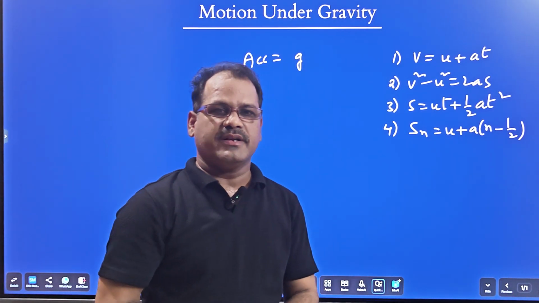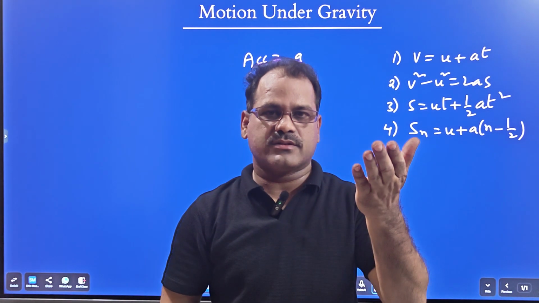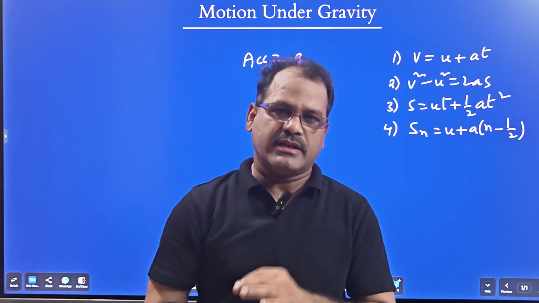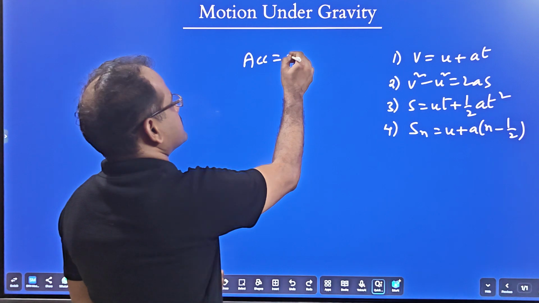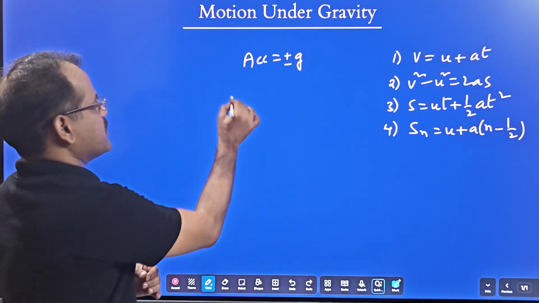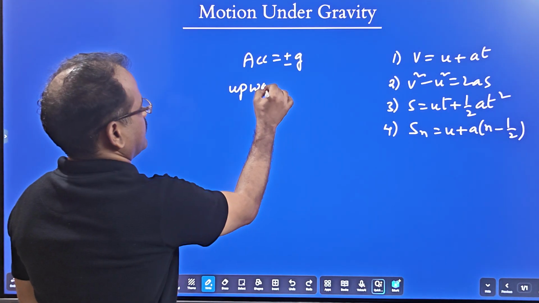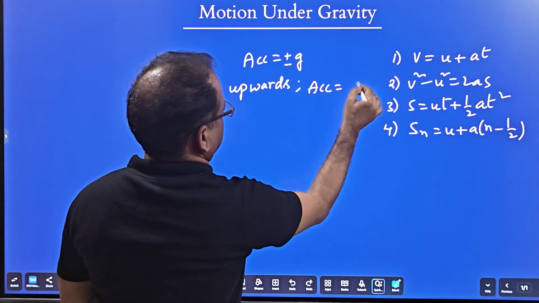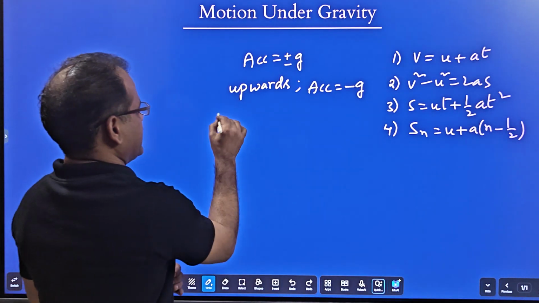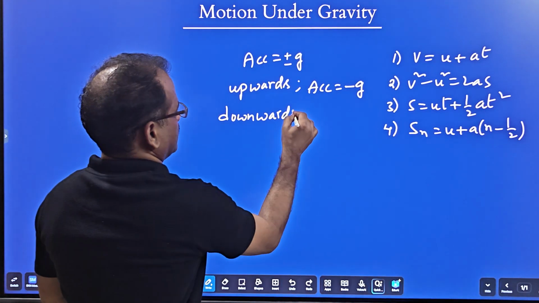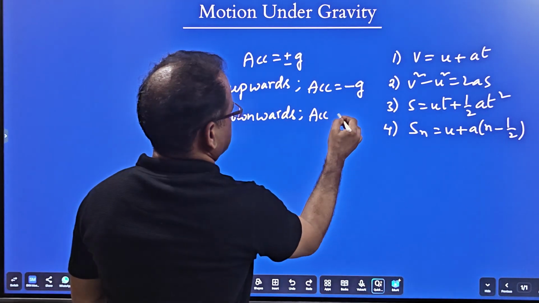But when the object is going upwards or coming downwards, there are two different directions. That's why we take the g value as either plus or minus. Whenever the object is going upwards, we take acceleration as minus g, whereas whenever it is coming downwards, we take the acceleration as plus g.